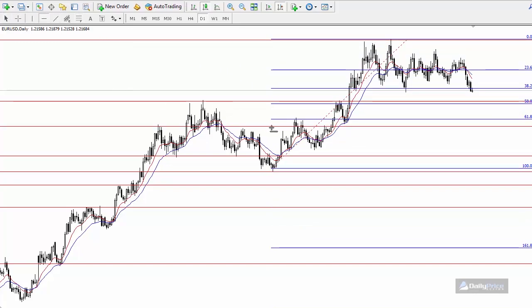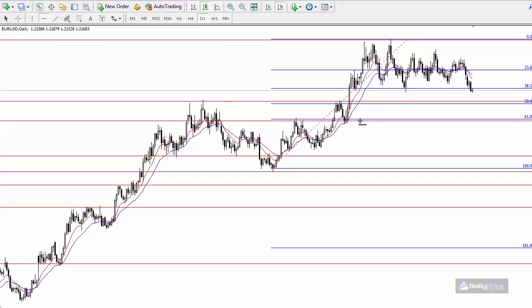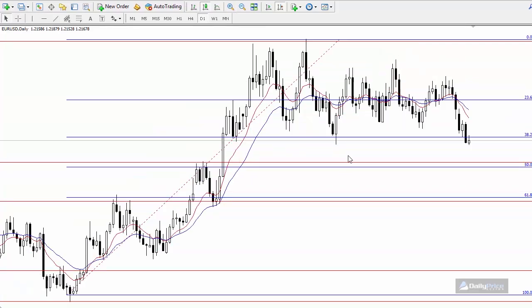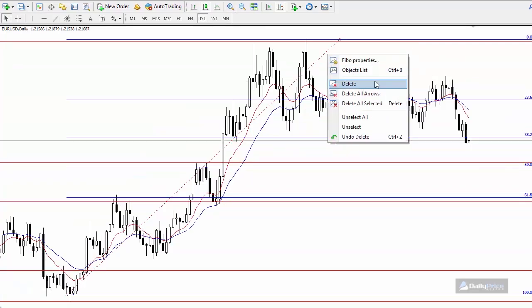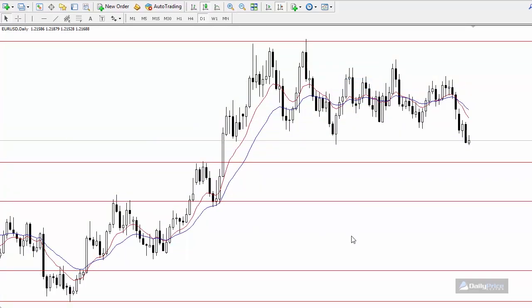So right away, I can see this area right here would also be one that I'd want to have on my chart, because let me just delete this. So right through here, we can see how the market made this swing high and this swing low. Okay, so I use the Fibonacci tool as a way to confirm the levels I've drawn, but also find ones that I may have missed.